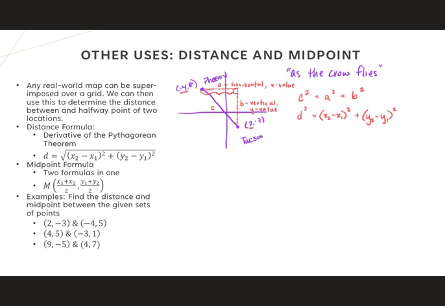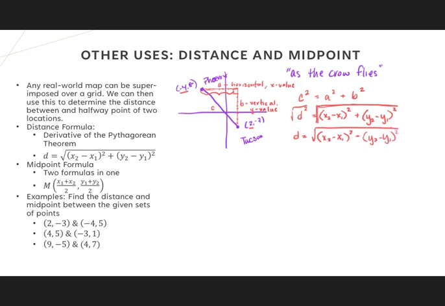Okay, so I don't actually want the square of the distance, I just want the distance itself. So let's say I take a square root of both sides, keeping in mind this is the square root of everything together. So our distance is the square root of x2 minus x1 squared plus y2 minus y1 squared.